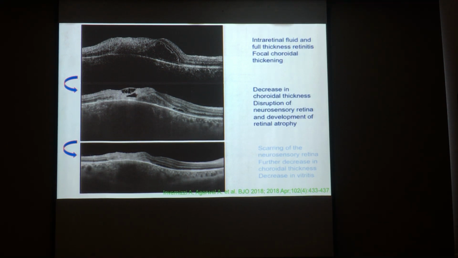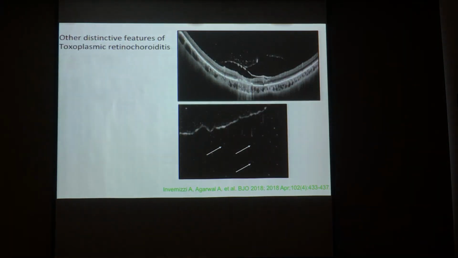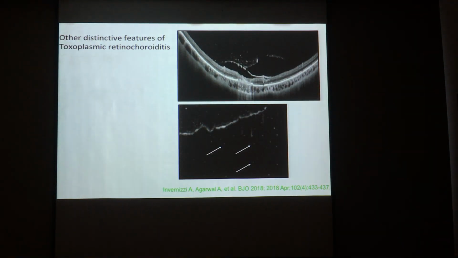Now, what are the other signs? I said you see a lot of vitreous cells in front of the toxoplasmic retinitis or retinochoroiditis. Can you see them on OCT? You can see them. So these are the distinctive features. You can see these vitreous cells here, and you can see them sticking to the posterior hyaloid here.